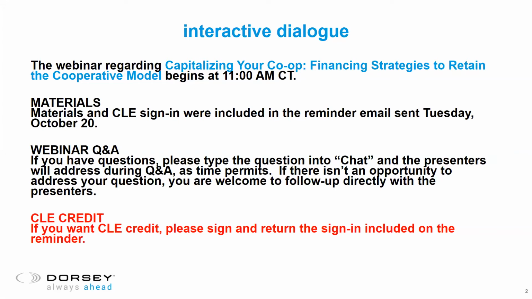We're going to be exploring a variety of different strategies associated with that. And then we also will be giving some information about how to find those sources as well. So we'll be talking about all of those things in this presentation.